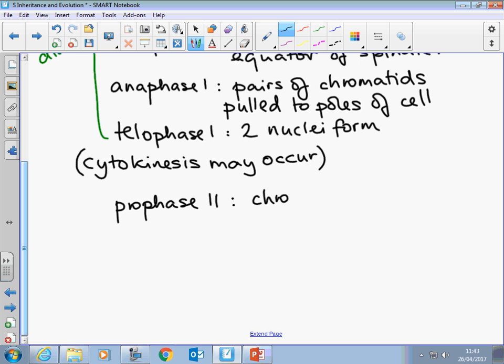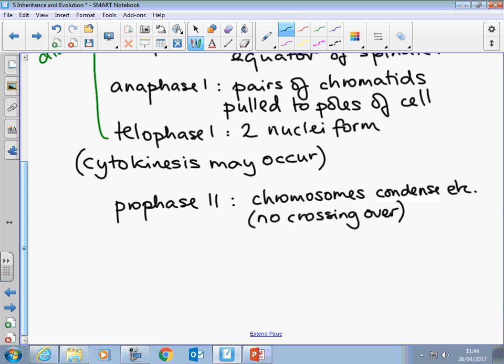Chromosomes condense, etc. I think is all I'm going to put, because it's actually exactly the same. Oh, but no crossing over. But you only get crossing over in prophase 1, yeah?